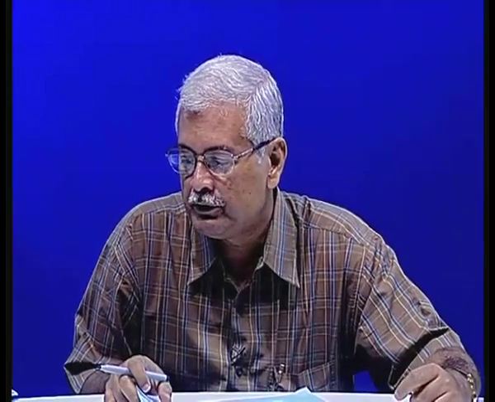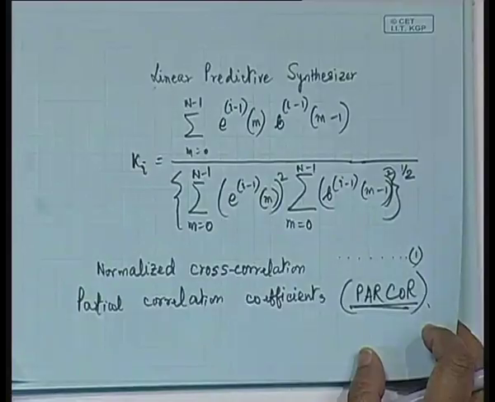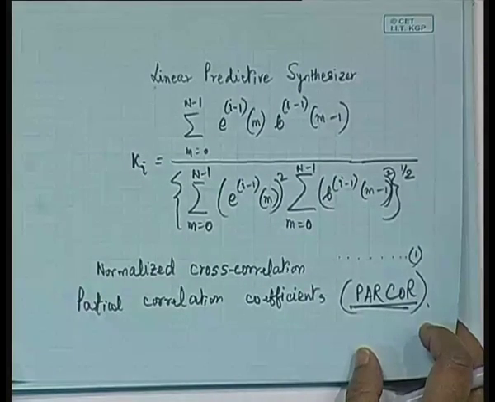So by minimizing the prediction errors we had obtained this, but the prediction errors could be defined in a different way, and that is what Burg had done. Burg defined the minimization that we are required to perform on the mean squared forward and backward prediction errors, right.